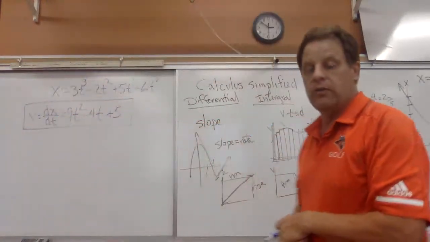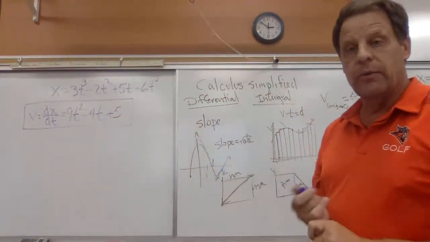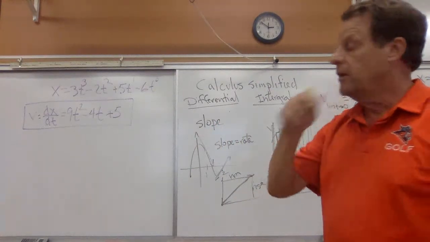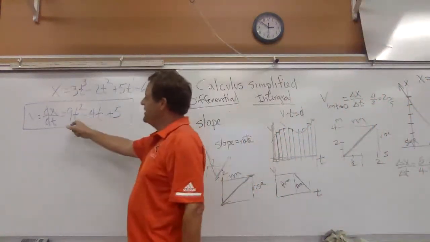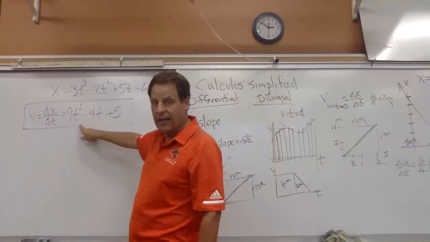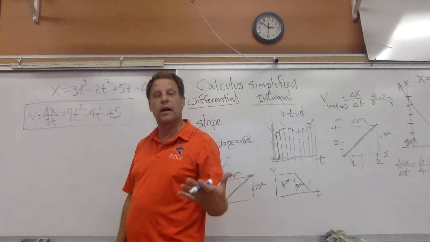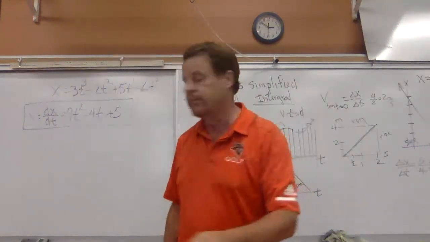Now, you may remember from our discussions, acceleration is the change in velocity over the change in time. So if we were to take the differential of this velocity equation, we're going to get the equation for acceleration.